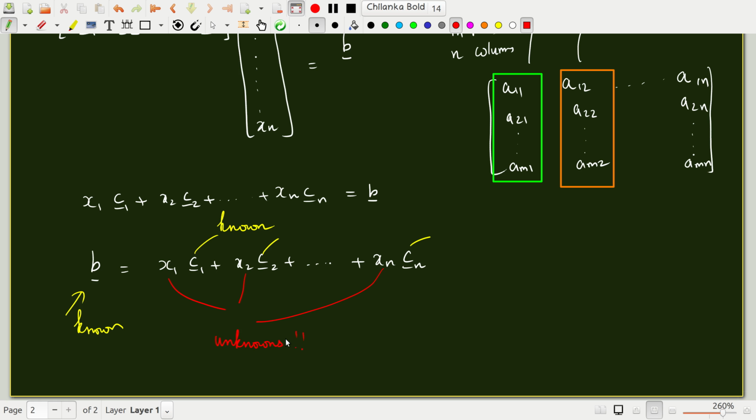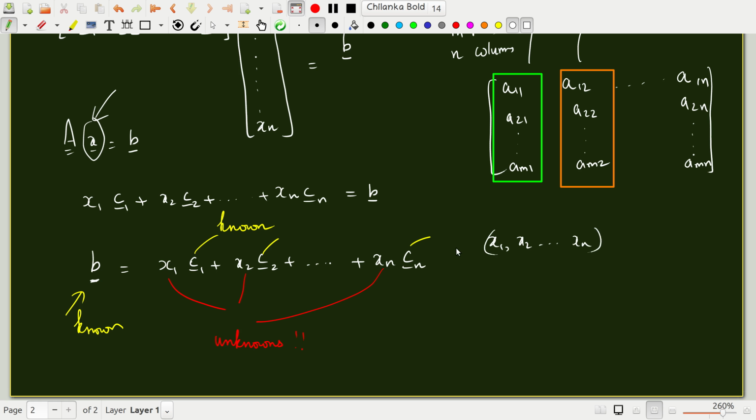Okay, so what does this represent to you? This implies that the solution of the system of equations Ax equal to b, where x is the column vector of unknowns, can be thought of as equivalent to a problem wherein you are trying to expand a known vector b in terms of the vectors c1, c2, so on up to cn, and the coefficients of that expansion are x1, x2, so on up to xn.